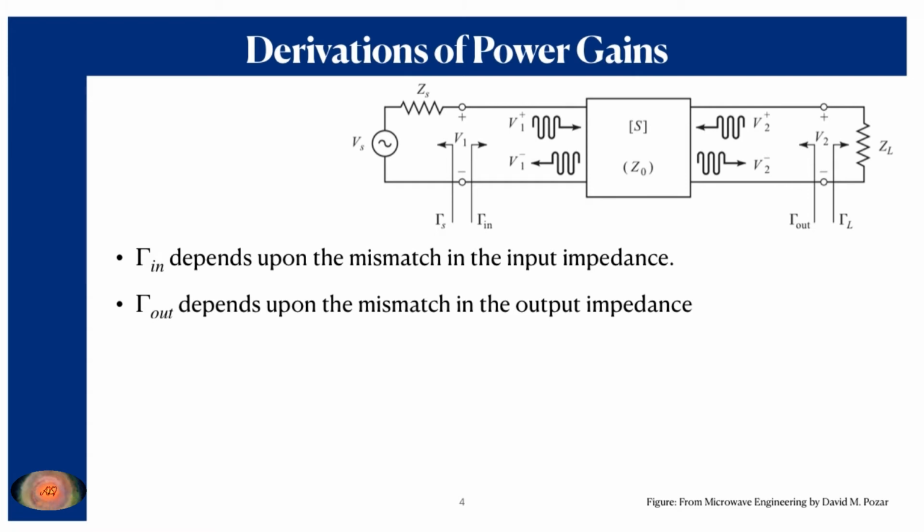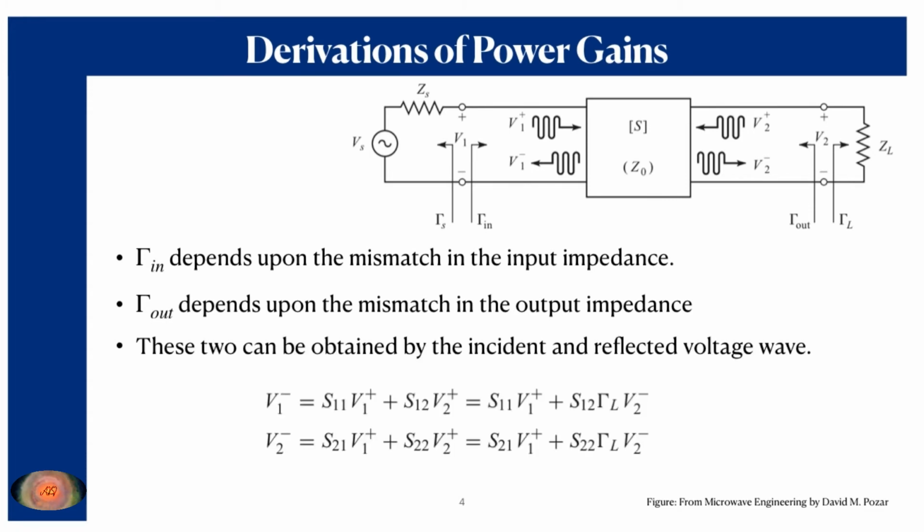For this lecture our purpose is to define all three gains, that means the power gain, available power gain, and the transducer gain. So although gamma S and gamma L are defined precisely, gamma in and gamma out can also be defined by considering the definition of the S matrix, the elements associated with the reflected waves and the incident waves.